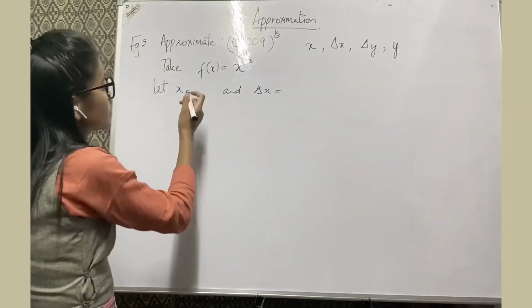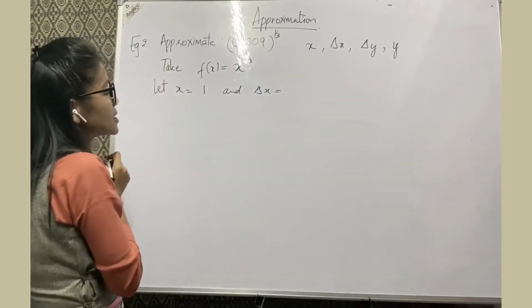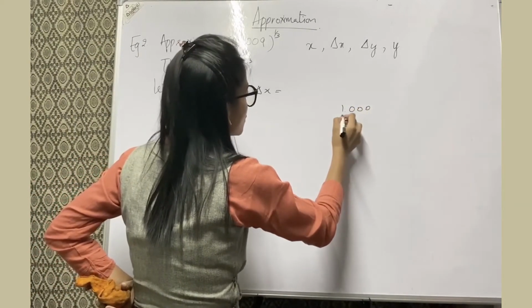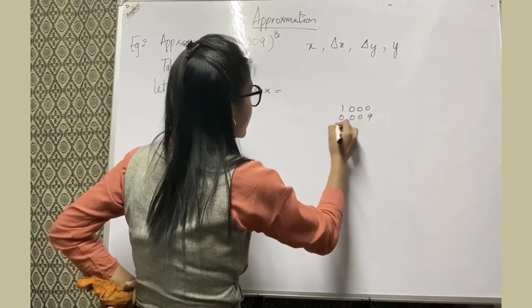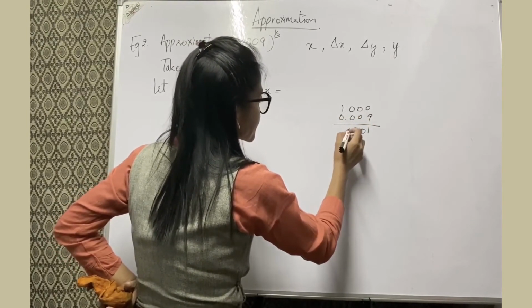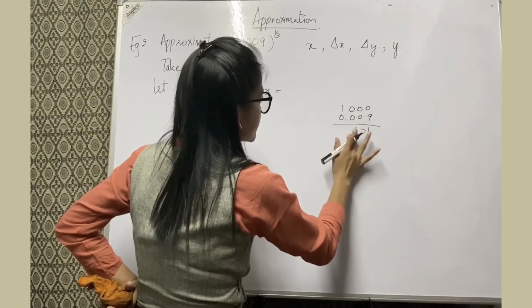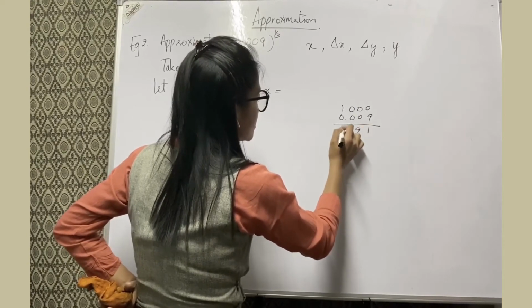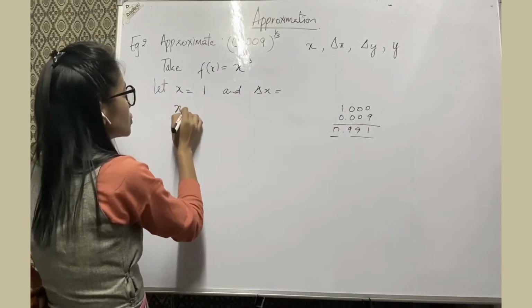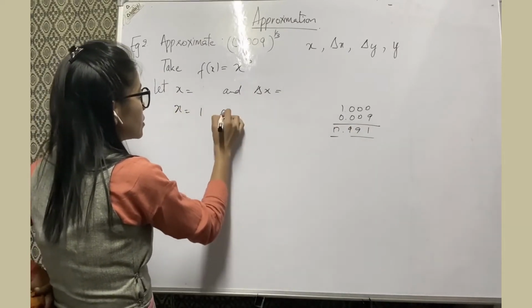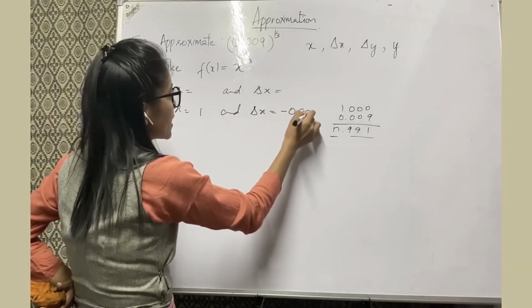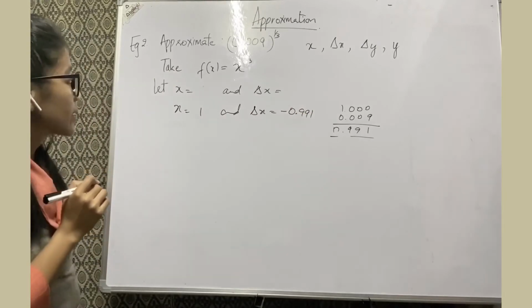So if you choose x is equal to 1, then your delta x is equal to negative 0.991, okay.